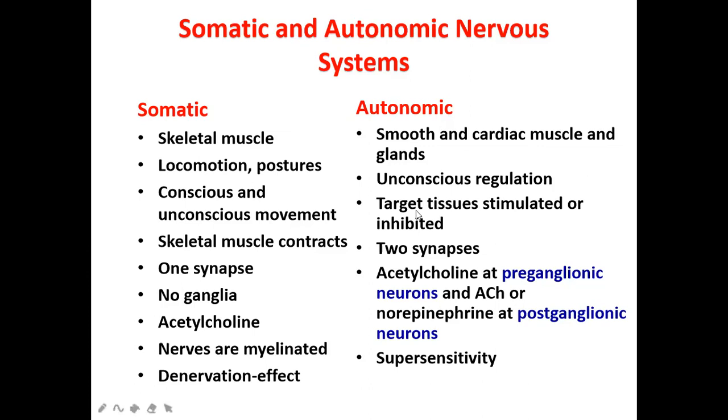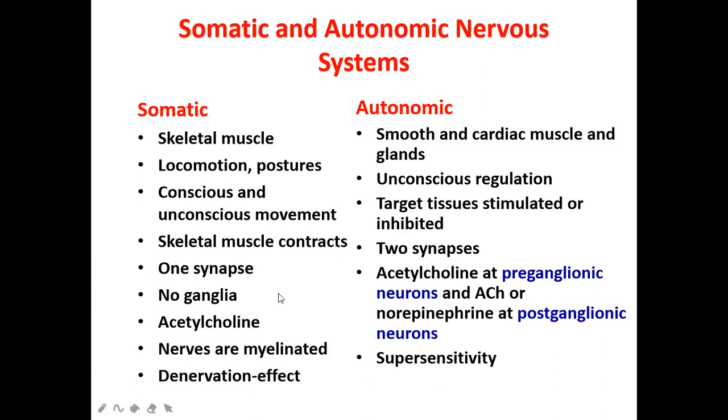Then we have the target tissues: in the autonomic nervous system, the target tissues are either stimulated or inhibited, whereas skeletal muscles contract. In the somatic nervous system, we have only one synapse, whereas there are two synapses, presynaptic and postsynaptic, in the autonomic nervous system.